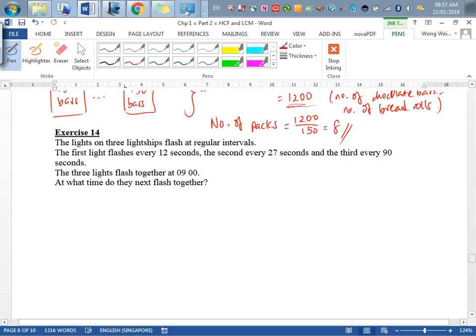Exercise 14. There are 3 lights. They flash at regular intervals. The first light flashes every 12 seconds, the second one every 27 seconds, and the third one every 90 seconds. Different timing, they will flash once. And they all flash together at, do you know what this time is?